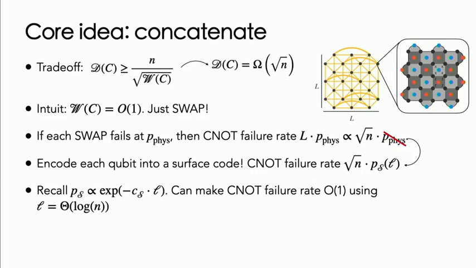You can encode a single qubit, and it has a threshold, and the rate of logical failure falls exponentially. So here's this thing that's growing polynomially in n, and here's this thing that's falling exponentially in L. If you let L be log n, then you can make the probability of your CNOT failing an arbitrarily small constant. And that's it. That's the idea. And from this, everything else follows.